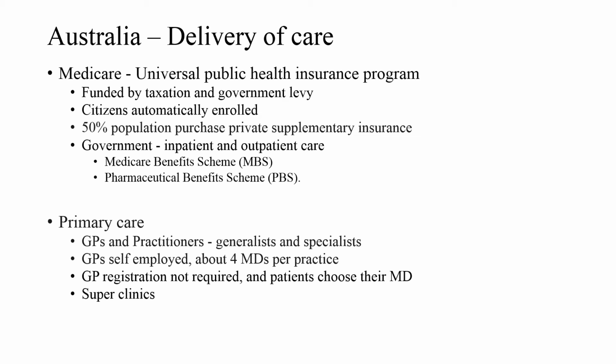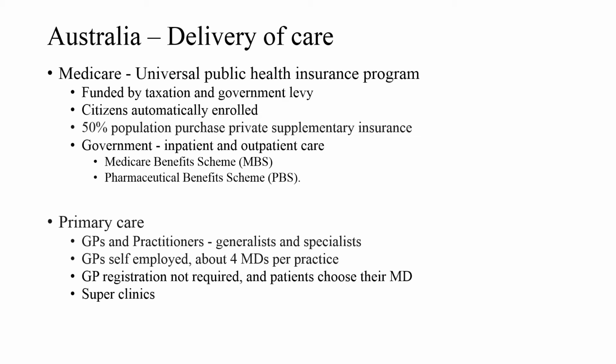Approximately 50% of the population are enrolled in private supplementary insurance. The government actually encourages citizens to enroll in it, and it does that by providing rebates on premiums if you go to private care.